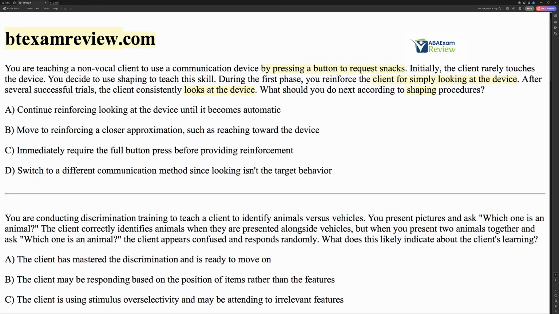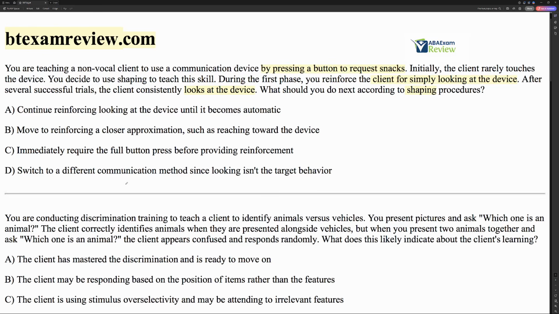Read all of our answer choices. C, immediately require the full button press before providing reinforcement. Even though we want to try to move as quickly as possible, we don't want to jump too far ahead. So going from looking at the device to the full button press might be too big of a jump for this client. So with approximations, you want to be smart about how you're choosing your approximations.